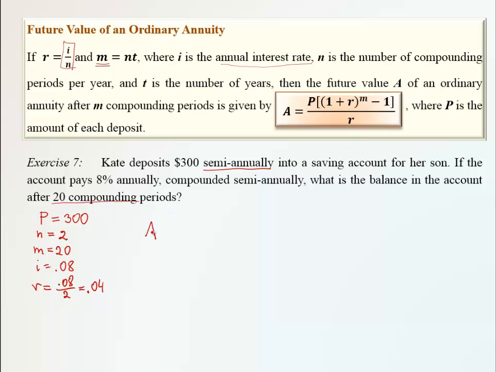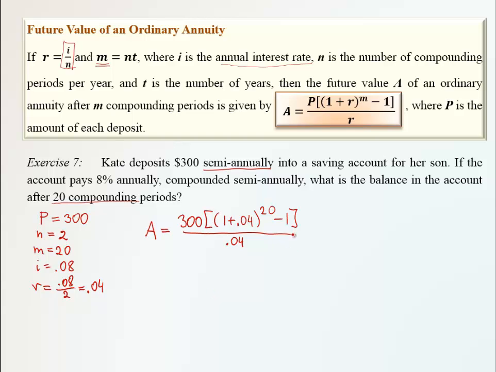So the amount of money in the account after 20 compounding periods, that means after 10 years, is 300 bracket 1 plus r, which is 0.04, to the m, which is 20 compounding periods, minus 1 divided by r, which is 0.04.